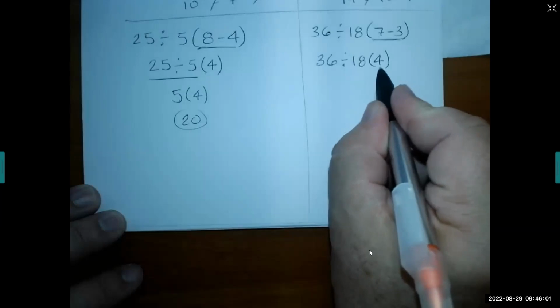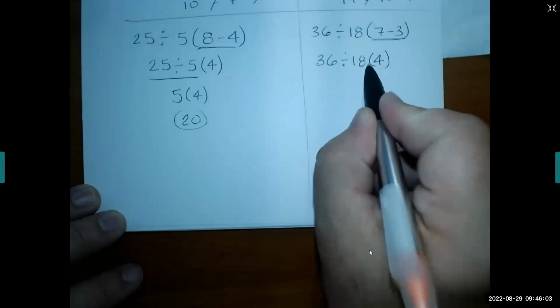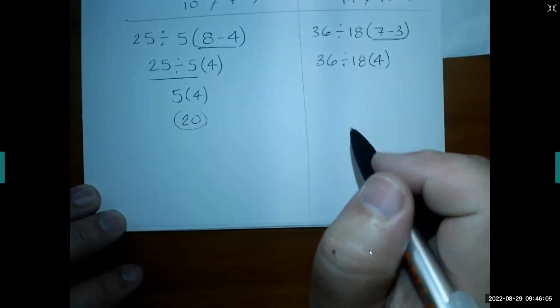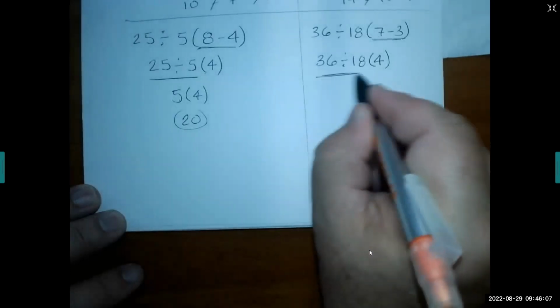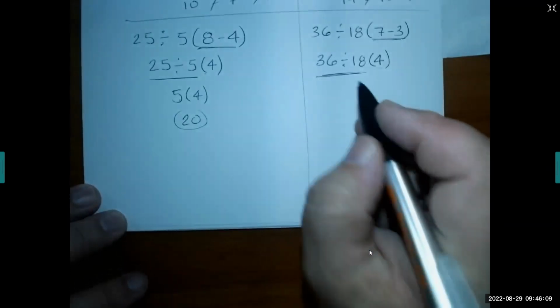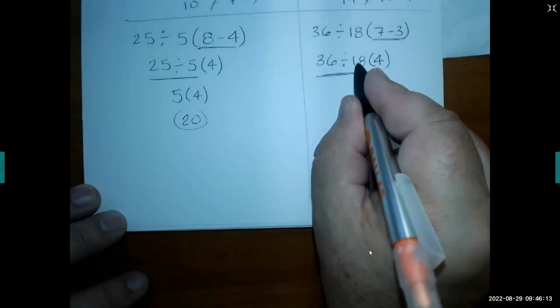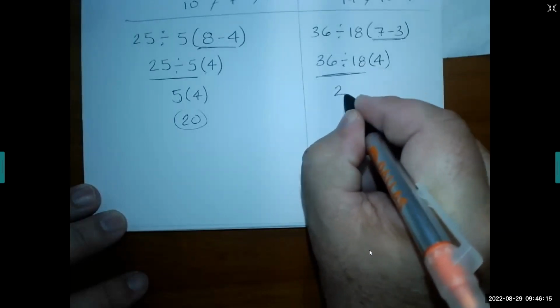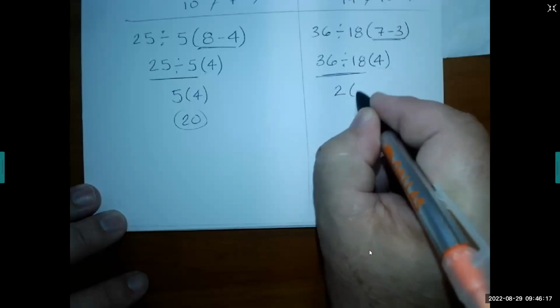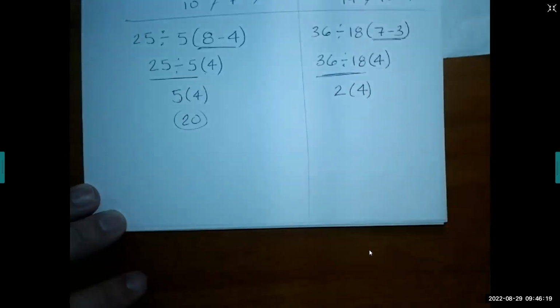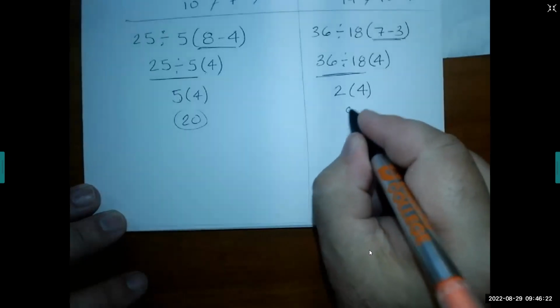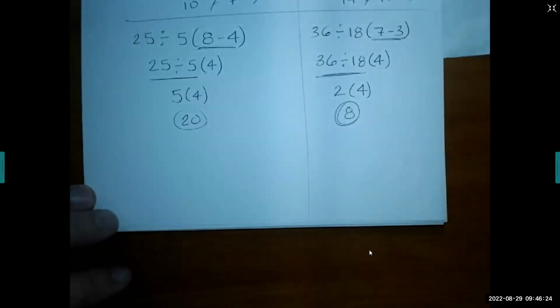Can't do anything inside the parentheses, so do we divide or multiply first? Divide, because it's the first thing we get to reading left to right. 36 divided by 18 is 2. 2 times 4, 8. There's your answer.